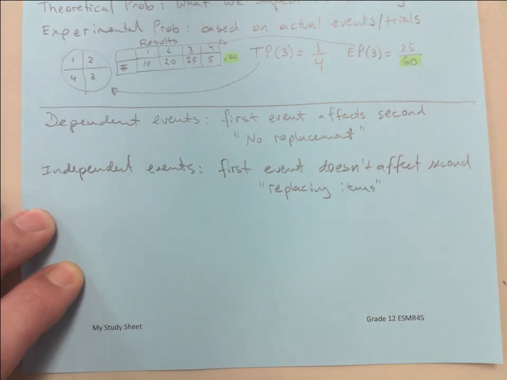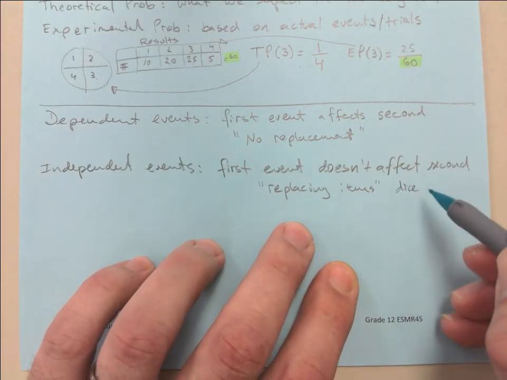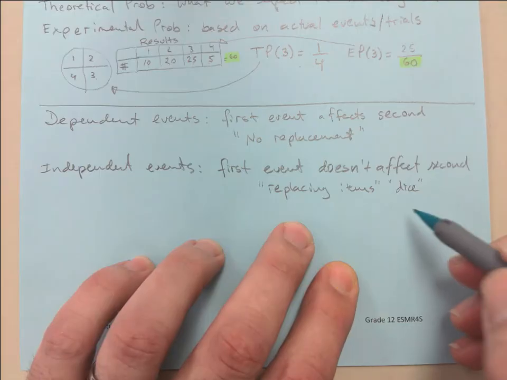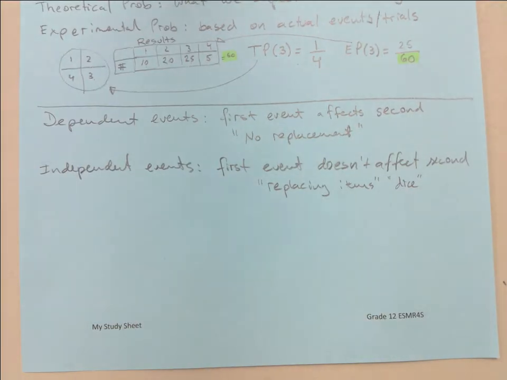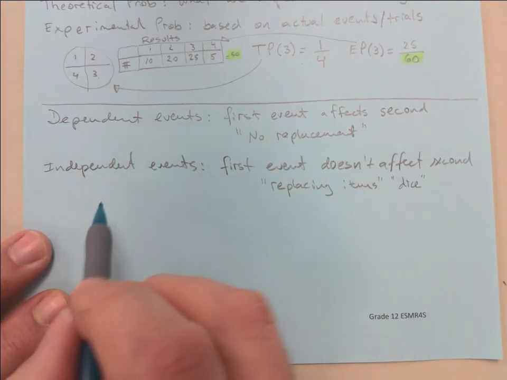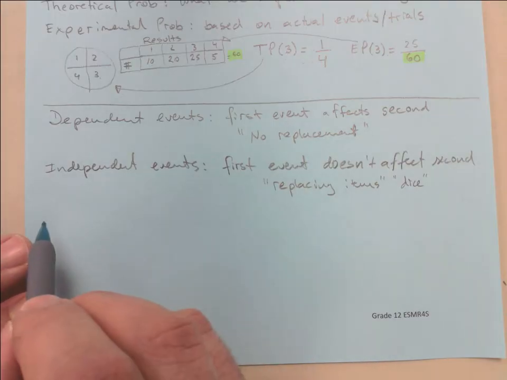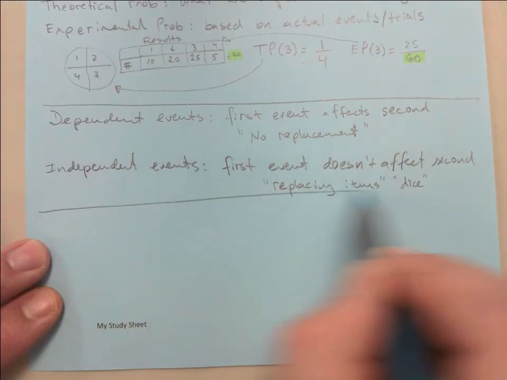Like, so if you replace it, or another one would be dice. If you roll a die or a pair of dice, you're not removing anything. Even if you roll and you get a 1, you're not removing the 1. You're just recording it, so it doesn't affect it. Okay. Should I have an example? I think I'm going to leave it for now.